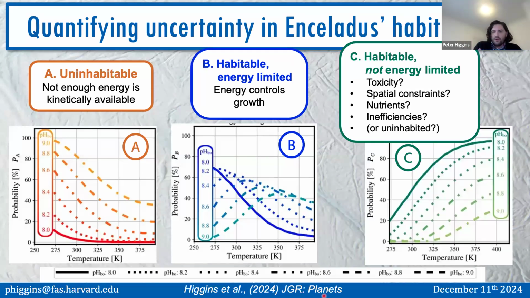Finally, the third scenario is quite intriguing, in that the ocean is habitable, but doesn't seem to be limited by the energy available. What I mean by that is the ocean appears to be a buffet, so much so that it's almost suspicious how much food there seems to be available there on the table.